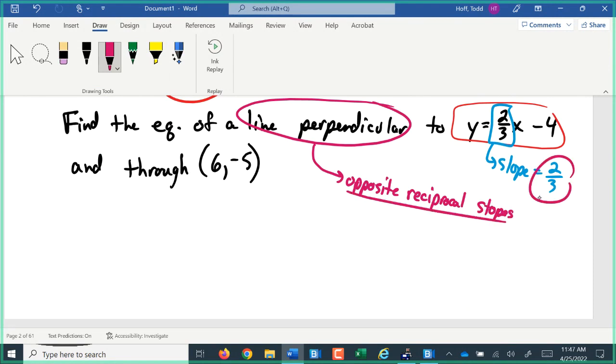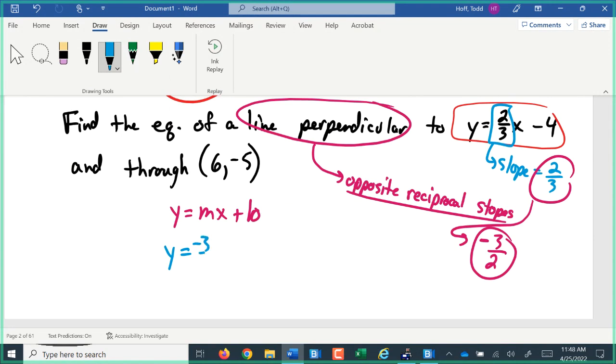So the opposite reciprocal of 2/3, opposite means if it's positive, it becomes negative. Reciprocal means we flip it over. So it's going to be a -3/2 is the slope of that perpendicular line. So for y equals mx plus b, we replace m, our slope, with -3/2.